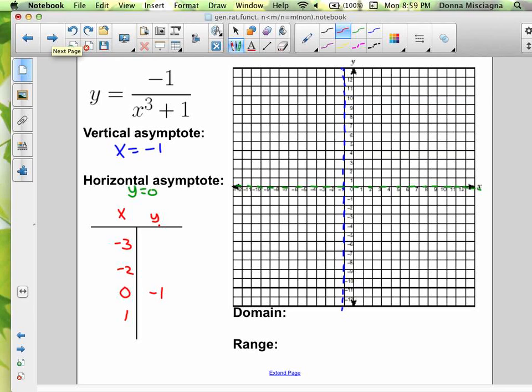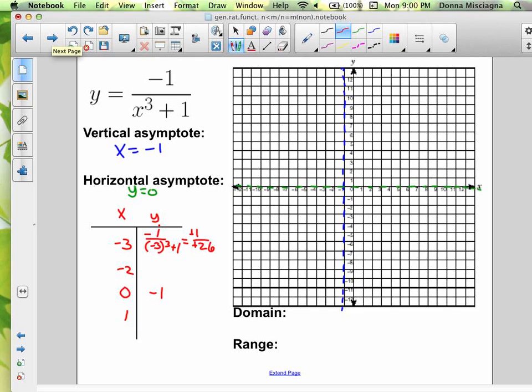So we'll just use the 4 points, because I don't think I can graph negative 1/63 very well anyway. So we have negative 1 divided by negative 3 cubed plus 1. Negative 3 cubed is negative 27, plus 1 is negative 26, so that's 1/26. That's pretty small as it is, but I need at least 4 points.